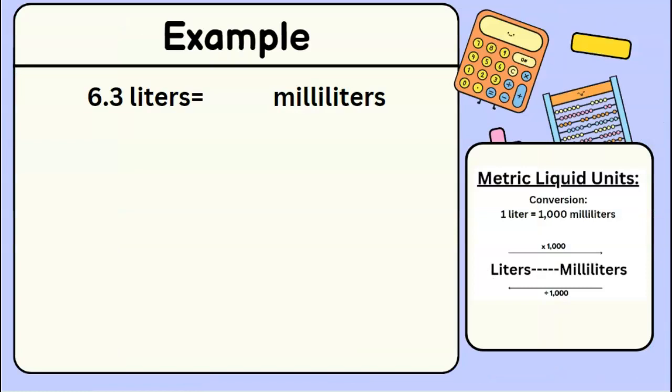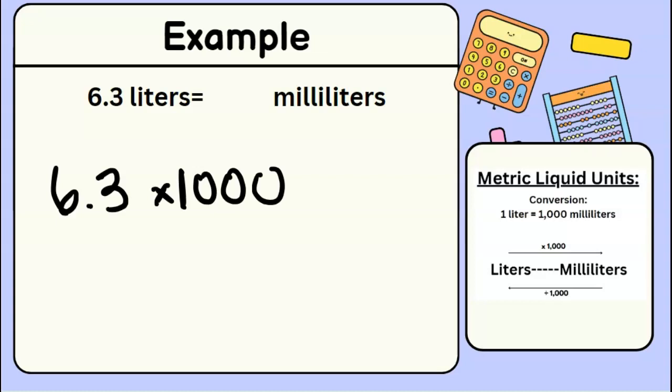So what that looks like, essentially, I know that if I'm going from liters to milliliters, I am going to be multiplying what I originally have by 1,000. When I talk about my powers of 10, remember my 3 zeros are going to tell me how many times that decimal point moves over.